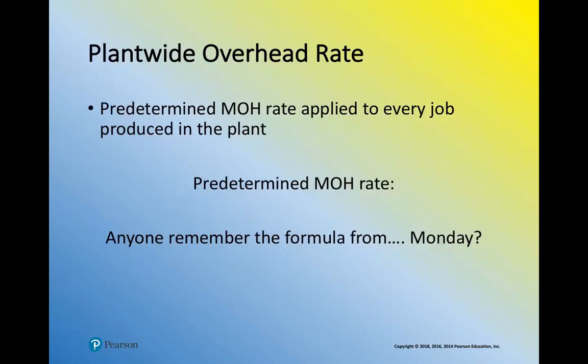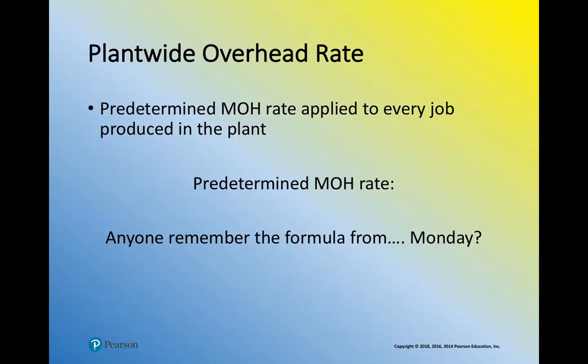So we start back with our plant-wide overhead rate. These are the same slides I use in my in-person classes, so that's why there's a reference to Monday. For you guys, it'll be the reference from last chapter, last week. For plant-wide manufacturing overhead rates, we apply one rate to every job produced in the plant, or every customer we have.